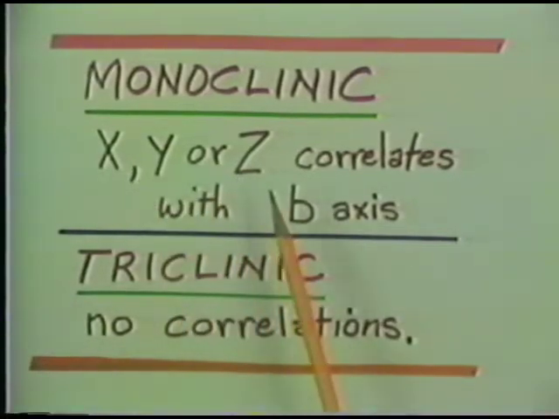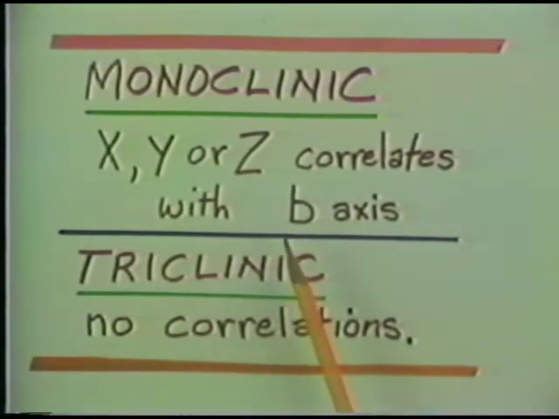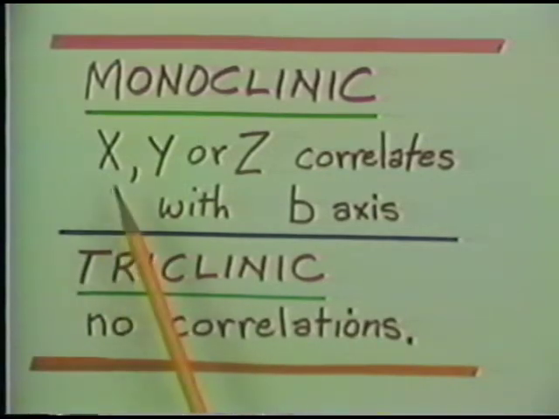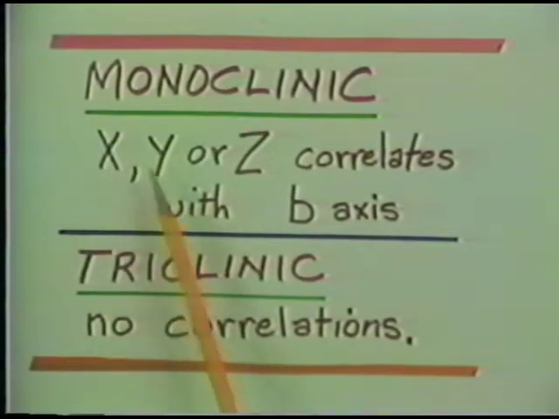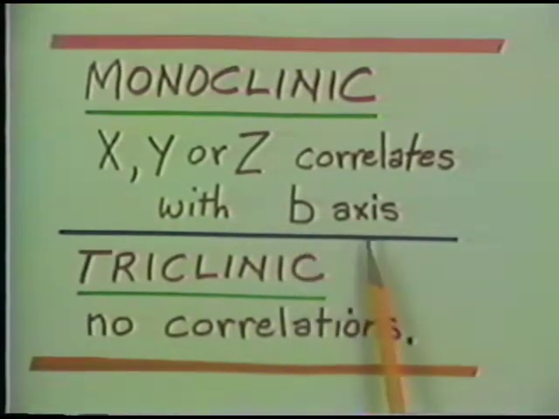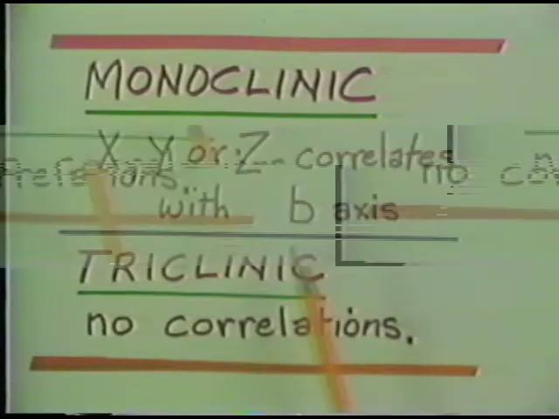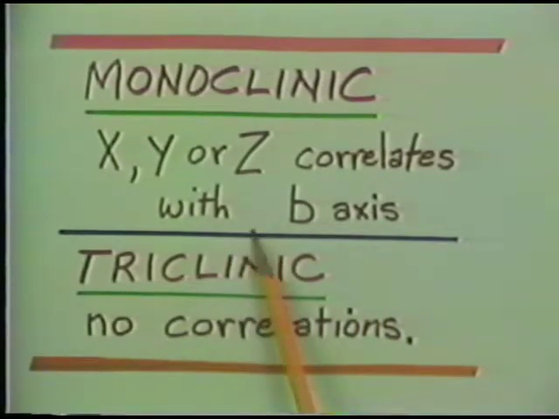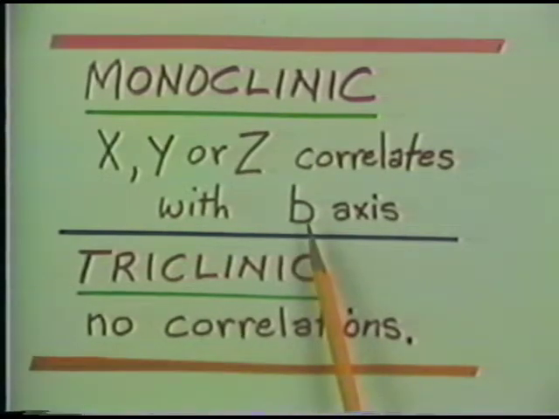In the monoclinic case, there is only one association which occurs, and that is that one of the vibration directions, X, Y, or Z, it can be any of these three, must correlate with the B crystallographic axis. And that is the only geometric constraint that we have in optic orientation with monoclinic minerals.